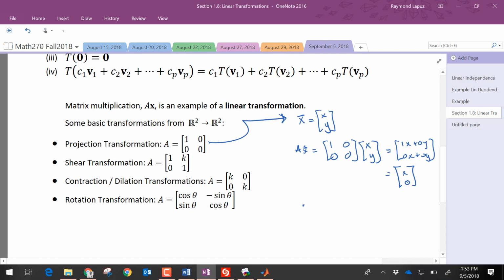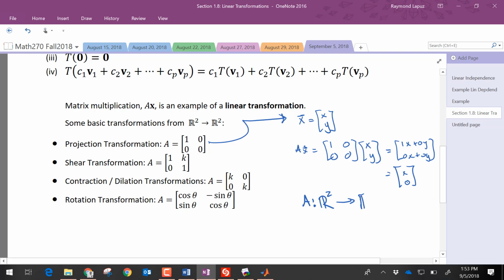So let's take a look at A. A is a transformation that takes, what's the input? What did we input? A vector in R what? We took a vector in R2, and then we outputted a vector in where?